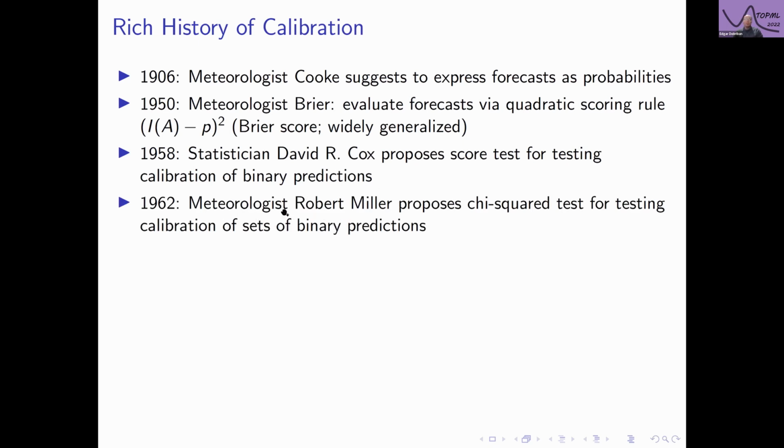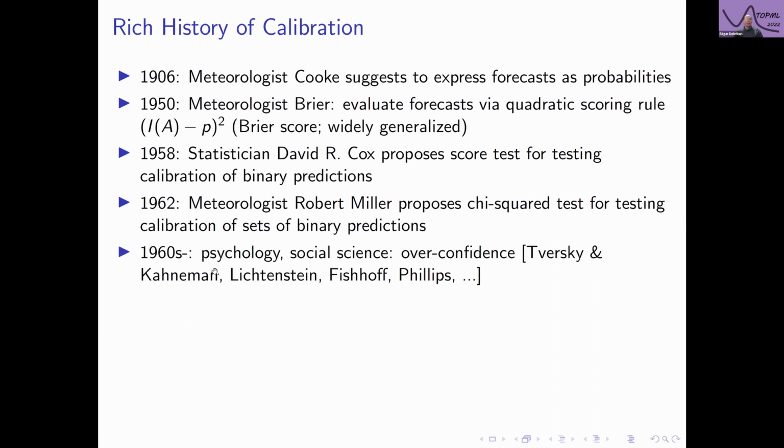Another test was proposed by Robert Miller, another meteorologist, who suggested simply using a chi-square test, another standard test in goodness-of-fit testing, to test the calibration of not just one sequence of binary predictions, but multiple sequences. Suppose you have multiple locations, or multiple time windows, and you want to test calibration separately. That's what he studied.